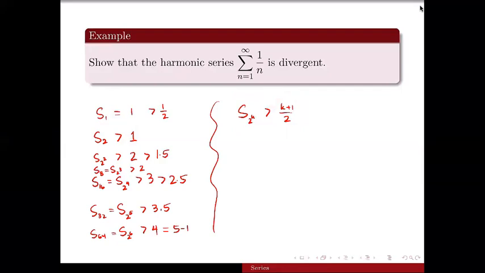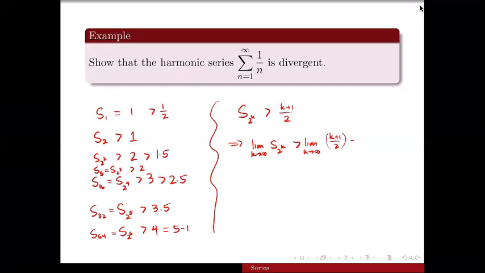So what does this mean? The limit of S sub 2 to the k, as k approaches plus infinity, is greater than the limit as k approaches plus infinity of k plus 1 over 2.